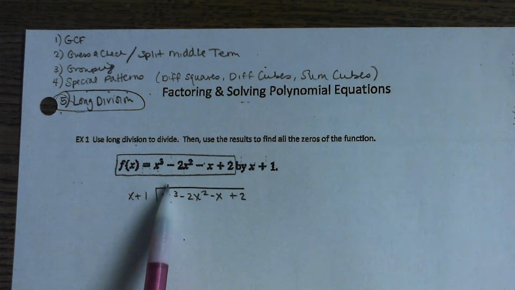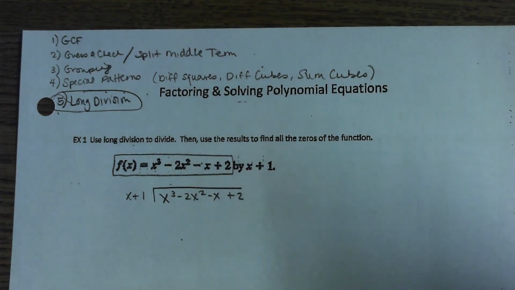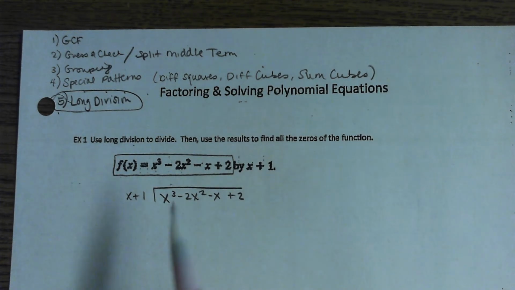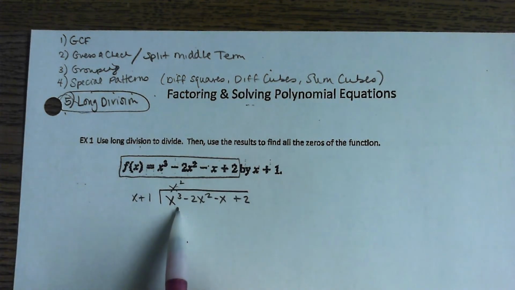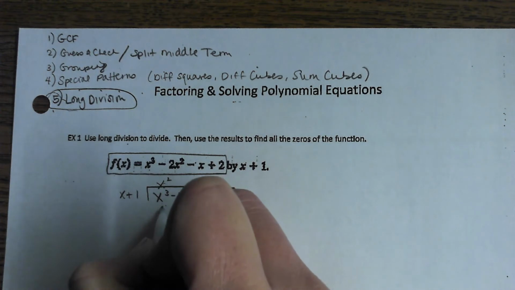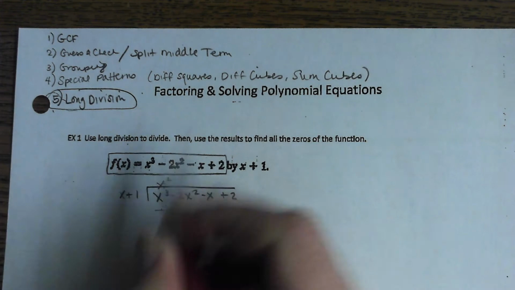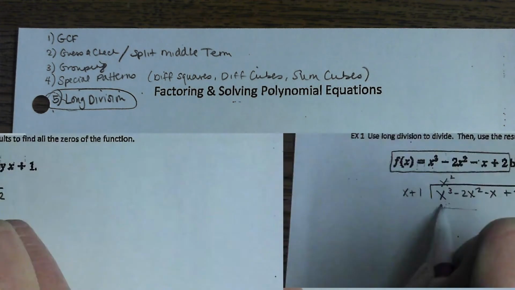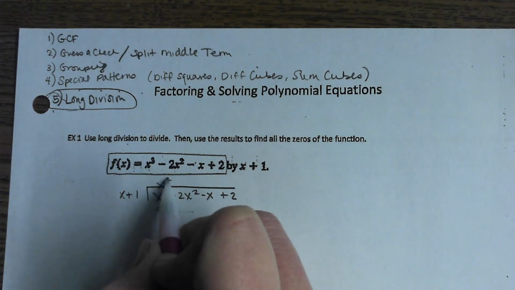Alexa, what goes up here first? No. X times what gives me x cubed? Good. And then what do I write down here, Angie? Well, let's fill in here first, and then we'll do the subtraction. So what term am I going to put here? Nope.